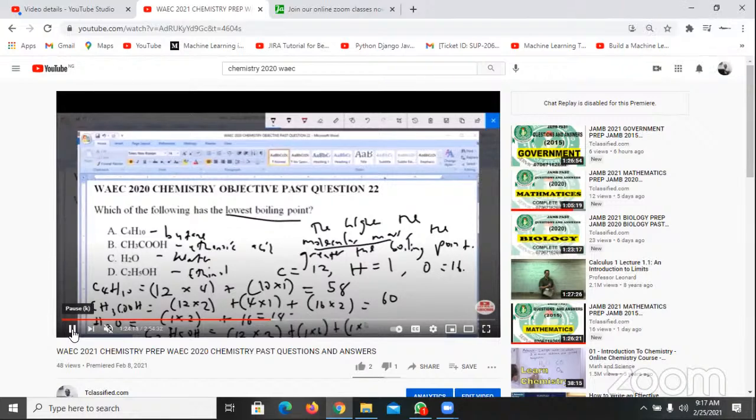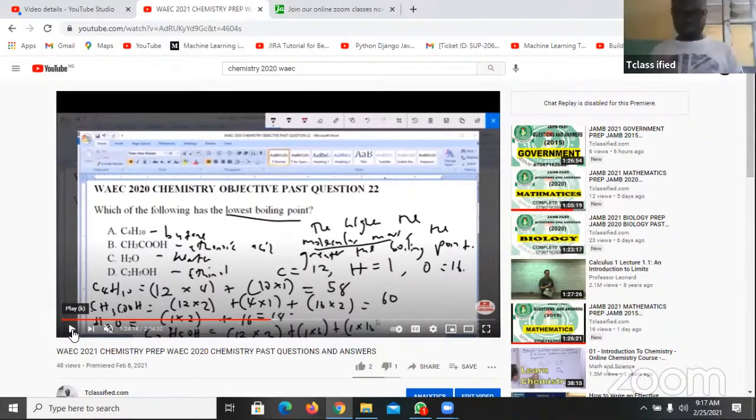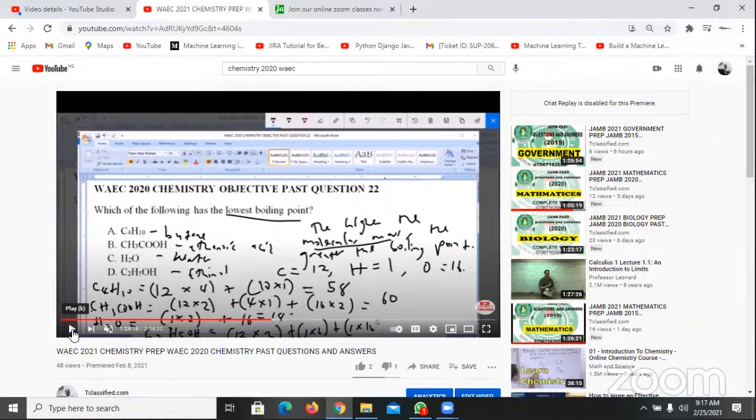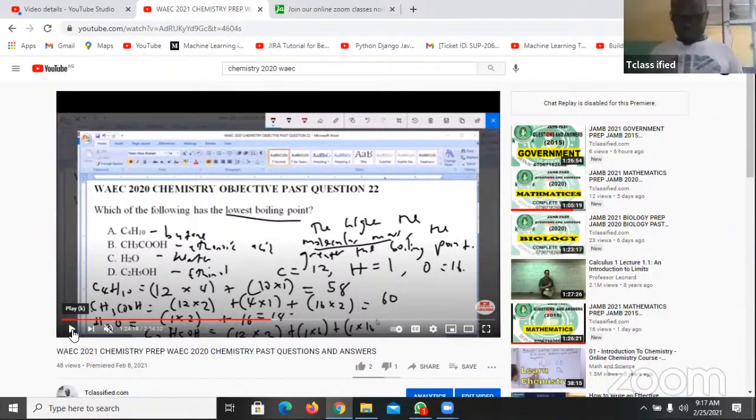So you can say what you were saying. Whenever you're given such a question as this, it has to be similar compounds, like compounds having similar functional groups.